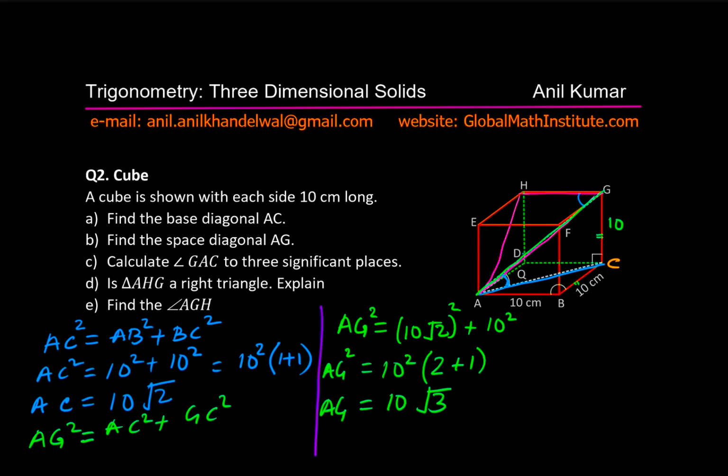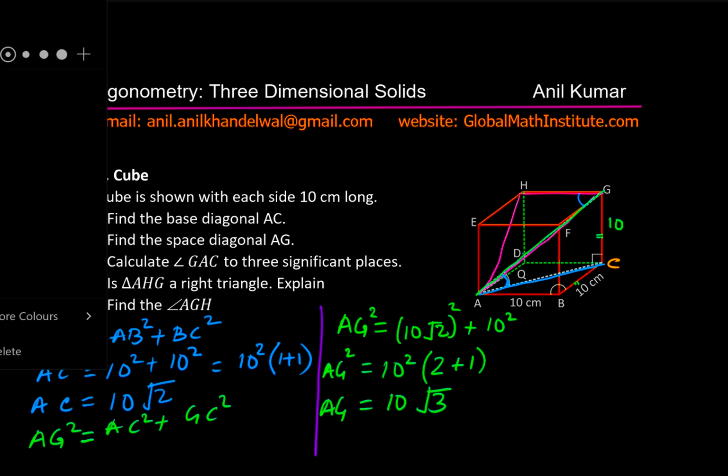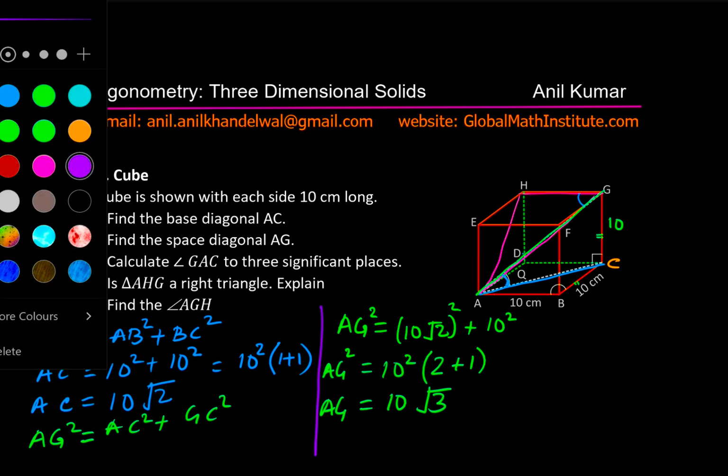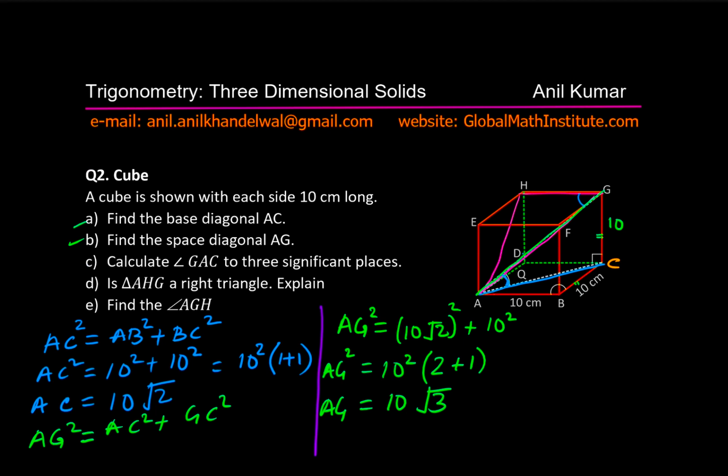So we have done A and B, and C is calculate the angle GAC. Now to calculate the angle GAC, what we could do, just take tan theta, right? So to calculate the angle GAC, we'll take tan theta, so which is this angle, right? So we say tan of, let's call this angle theta. So we say tan theta is equal to GC over AC.